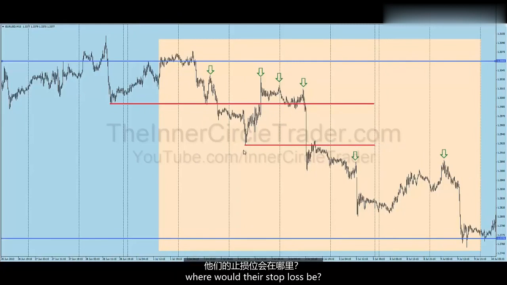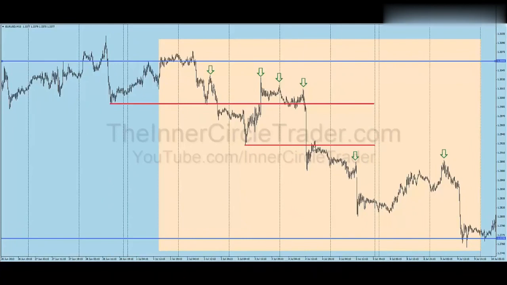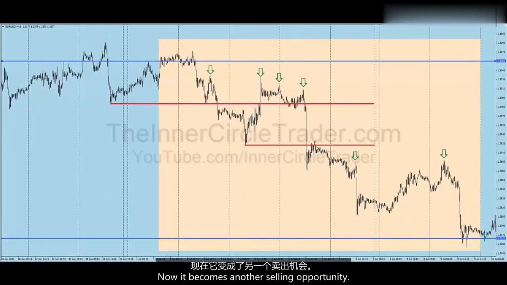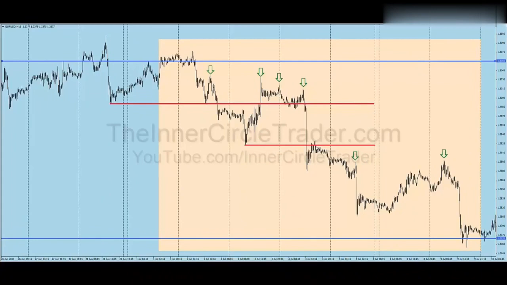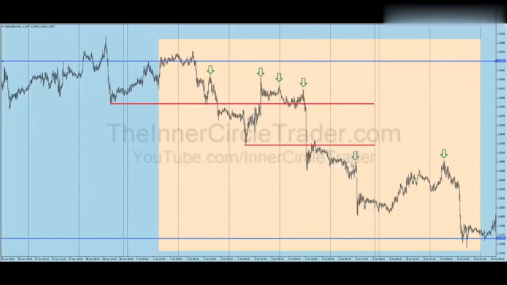If they bought here, where would their stop loss be? Right below that. So price is driven where? To where the liquidity is going to be, here. So here we have price trade down and trade right back up to this level. Now it becomes another selling opportunity. Who's going to sell? Some more of the smart money. They're going to put some more of their orders in, and then boom, it rides lower.